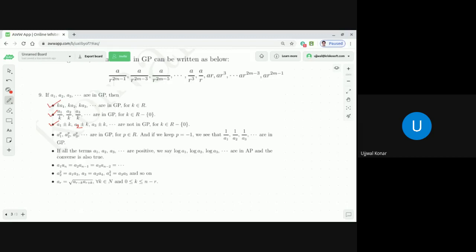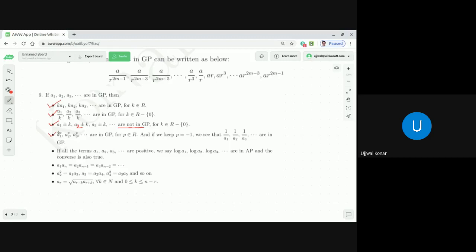I repeat, if A1, A2, A3 are in GP, then A1 plus minus k, A2 plus minus k, A3 plus minus k are not in GP, which is unlike with the AP, if you recall the relevant note. A1 power p, A2 power p, A3 power p are in GP for p belonging to R, and if we keep p equal to minus 1, we see that 1 by A1, 1 by A2, 1 by A3 are in GP. Got it, no? Yes.